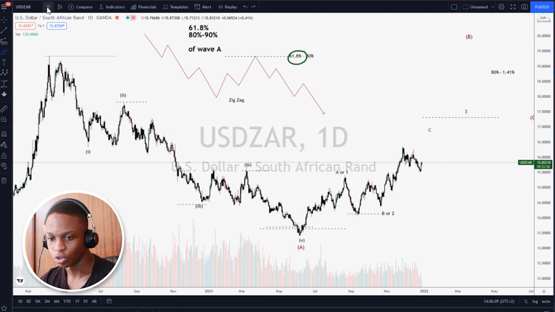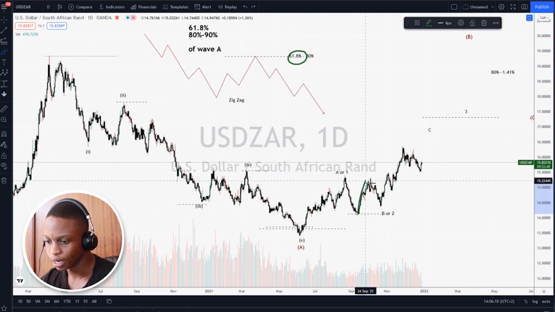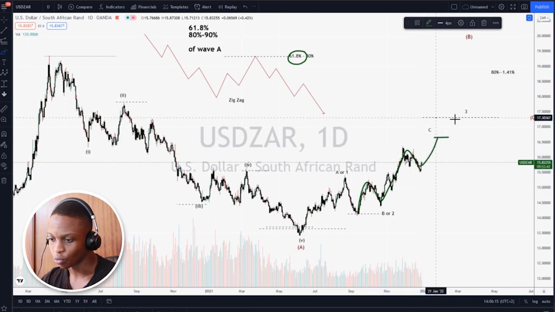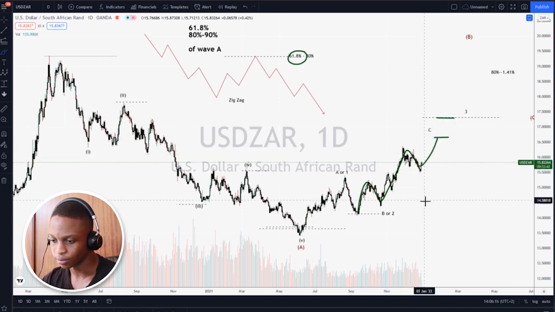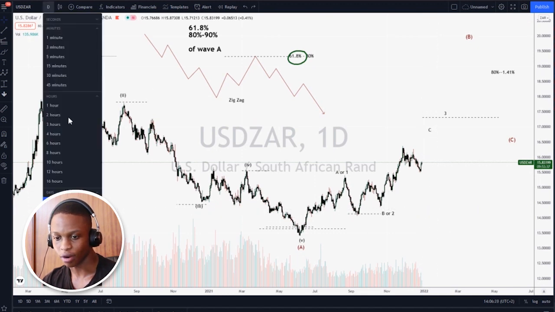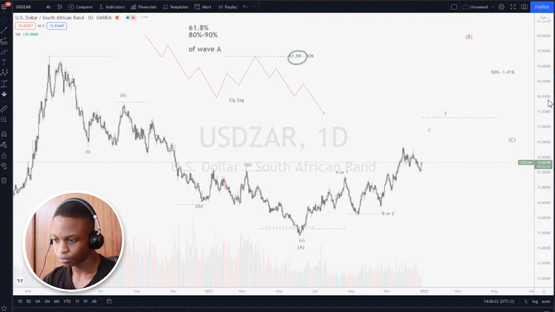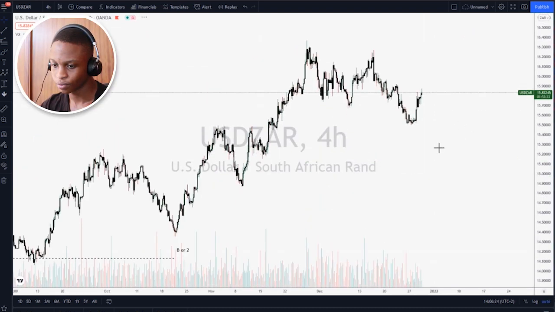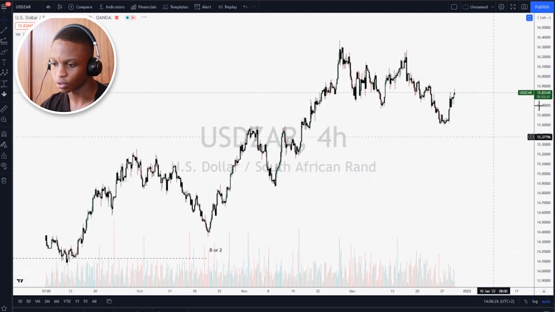What I'm going to do is drop down to a smaller time frame, and I am going to analyze this leg of wave C or 3, so that we are able to know what follows next. I'm going to pull down to the 4-hour time frame.